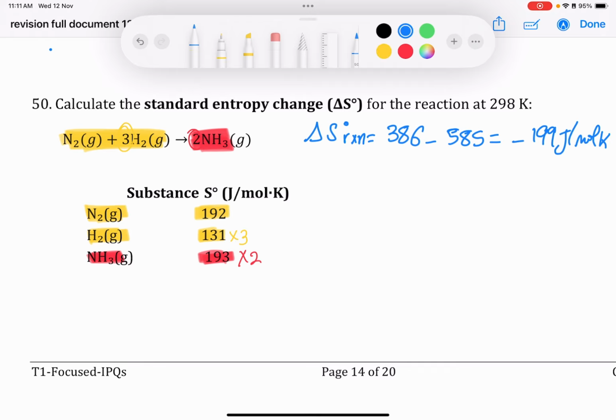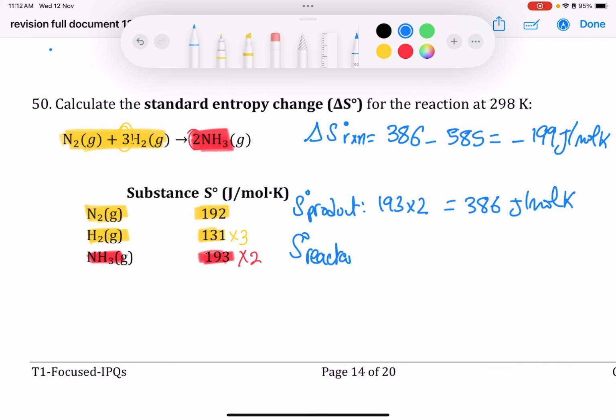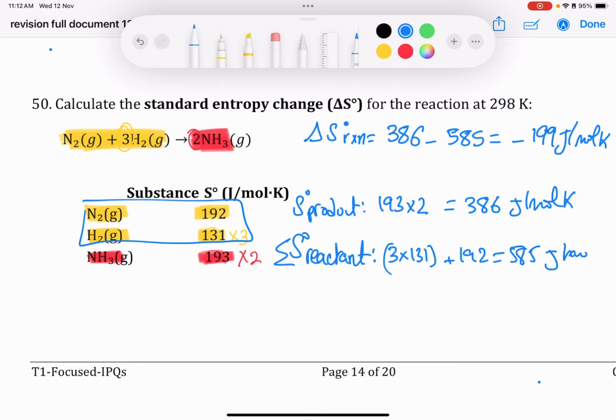Now, let's find the entropy of the products. It is 193 times 2, and that is 386 joules per mole Kelvin. And let's find the entropy of the reactants, their sum. So it's 3 times 131 plus 192, and that is 585 joules per mole Kelvin.